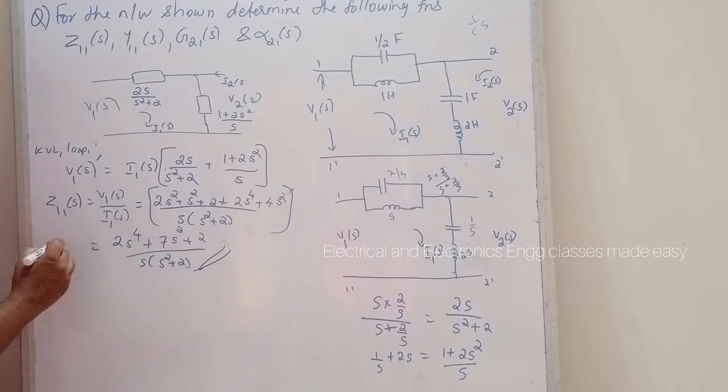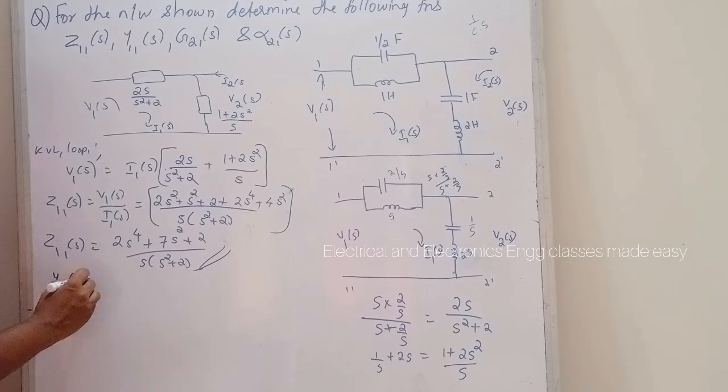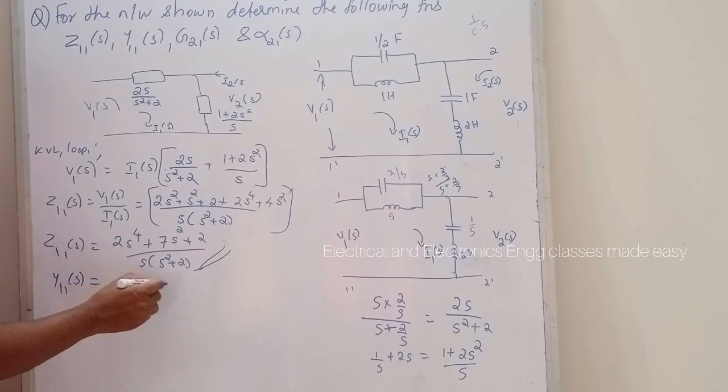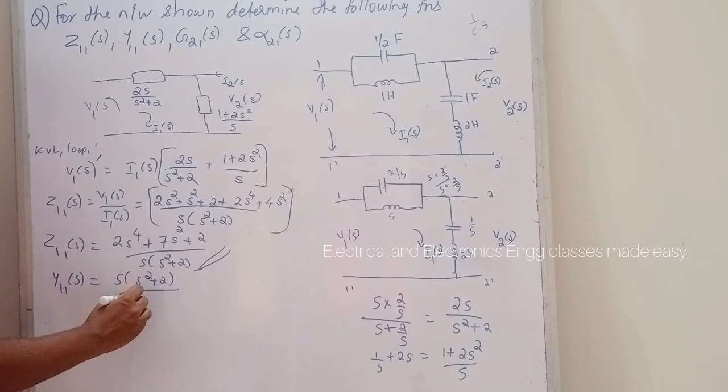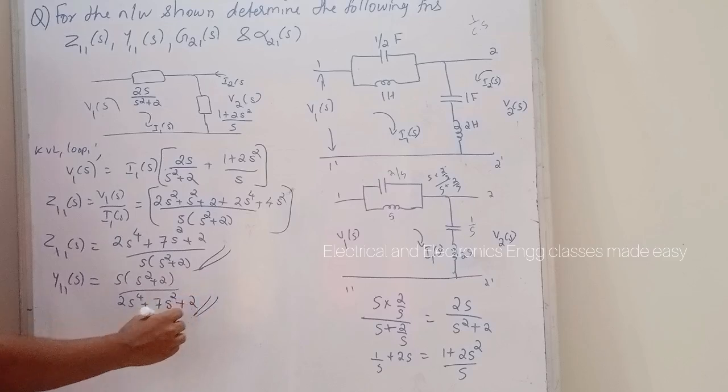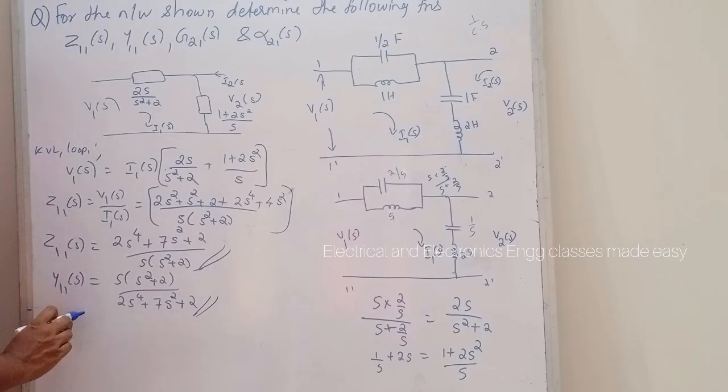So this is the value of Z11 of s. Then we will get Y11 of s equal to reciprocal of this one, that is s into (s square plus 2) divided by (2s raised to 4 plus 7s square plus 2). So this is the value of Y11 of s.